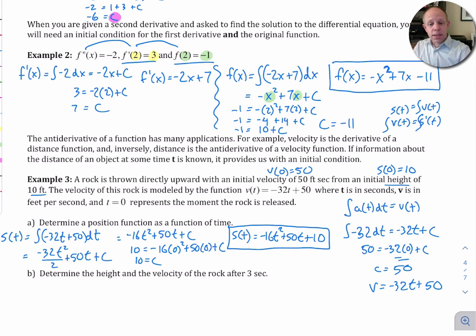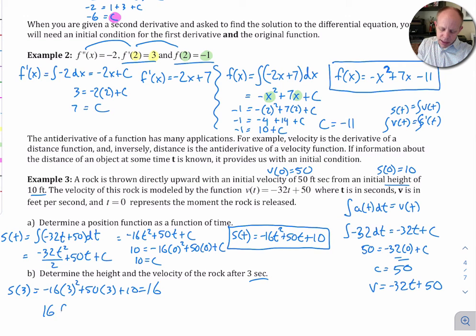All right, so from this now we can actually determine the height after 3 seconds and the velocity after 3 seconds. So s at 3 will be negative 16 times 3 squared plus 50 times 3 plus 10. And this turns out to be 16. So we know it has to be 16 feet high after 3 seconds.